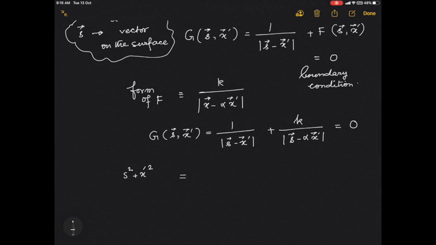Square root of this is mod x minus x prime. So if I just square that, I get s square plus x prime square. The right hand side I get k square plus alpha square x prime square.